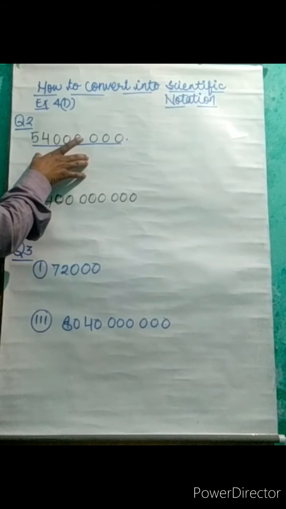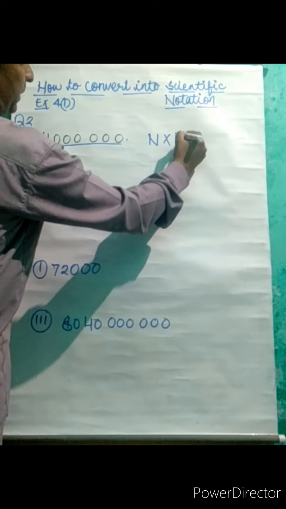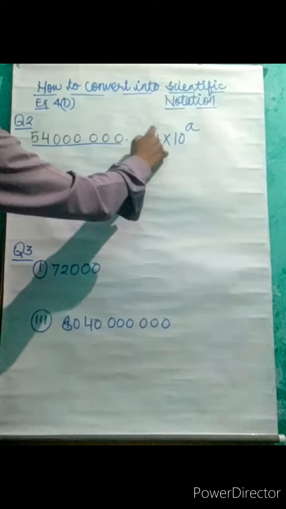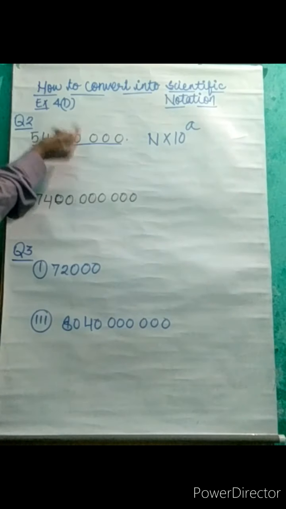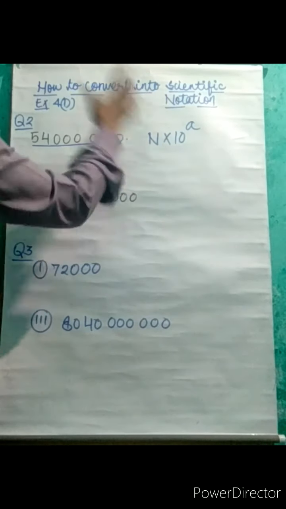We will write this number in the form n multiplied by 10 raised to power a. And n means one whole number, before the point, on the left side of the point there should be only one whole number, which is n.